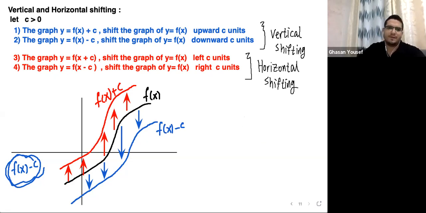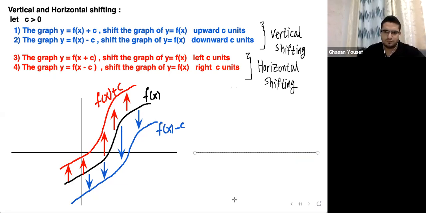Now for the second one, this is vertically, up and down. Now horizontally, here is the graph. This is the Cartesian plane here. And suppose my function is something like this.